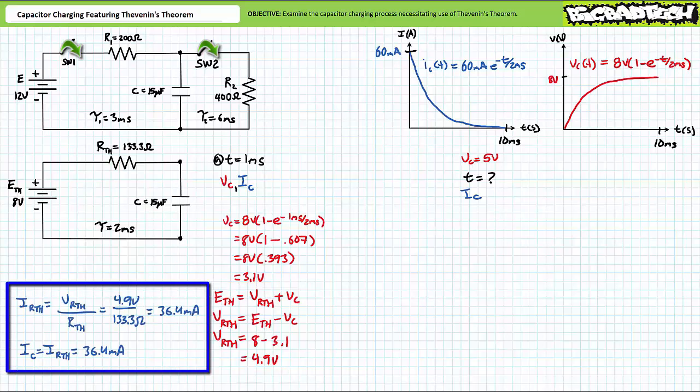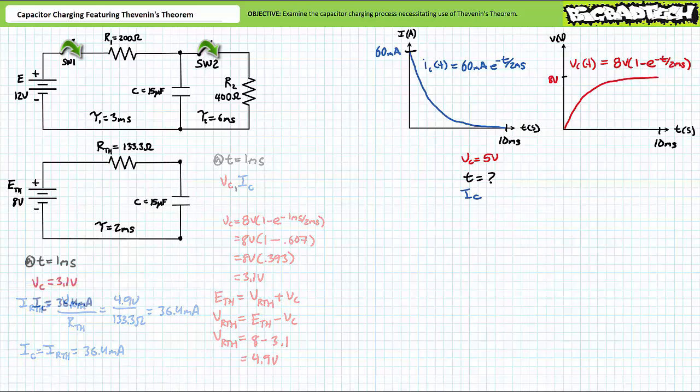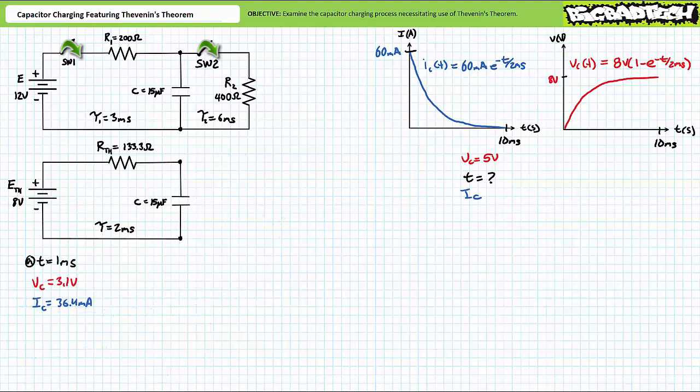A quick application of Ohm's law demonstrates that with 4.9 volts across a 133.3 ohm resistor, approximately 36.4 milliamperes must be flowing through it, and by extension, 36.4 milliamperes must also be flowing into the capacitor because they are in series with one another. Let's put these instantaneous values at t equals 1 millisecond aside for later use.